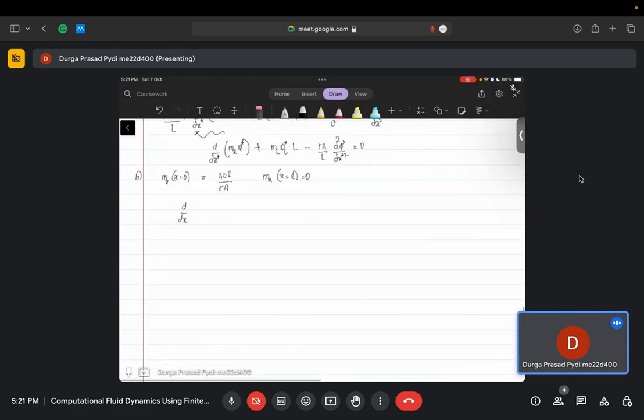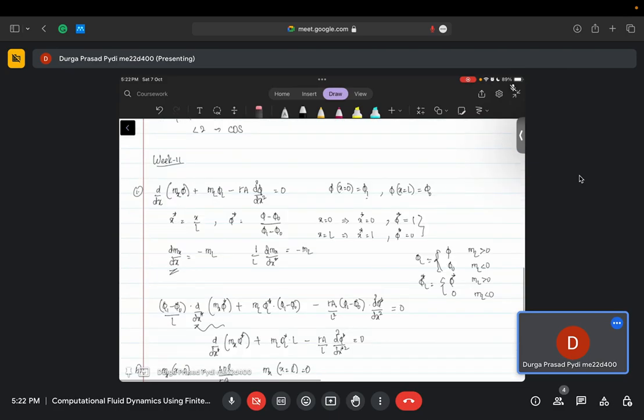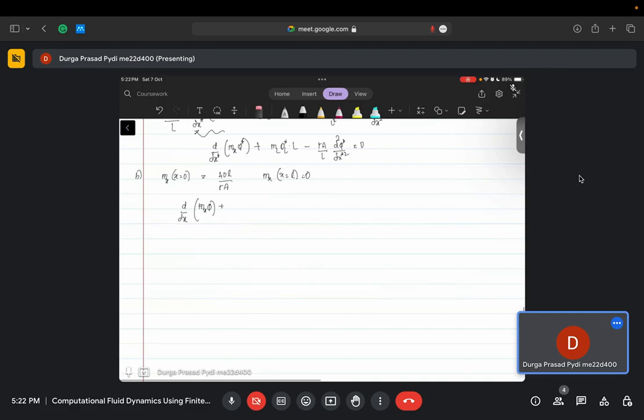So how do I solve this? This is my equation, and my objective is to find the value of phi of x given the boundary conditions. So how do I go ahead with it?